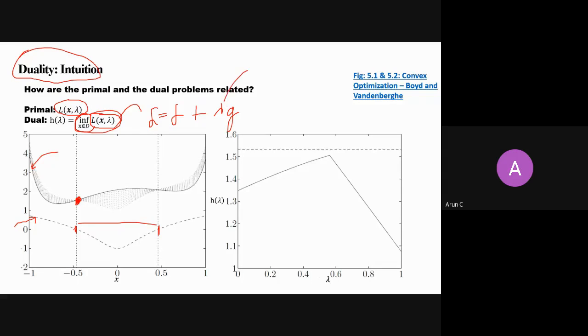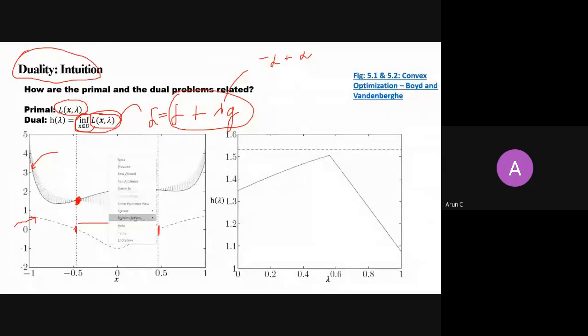So you take lambda from minus infinity to plus infinity, and for each value you minimize this function L. Let's see how to see this.